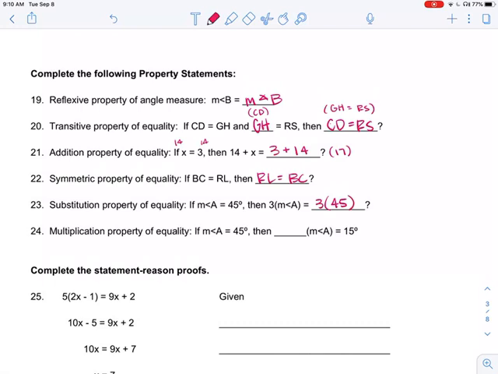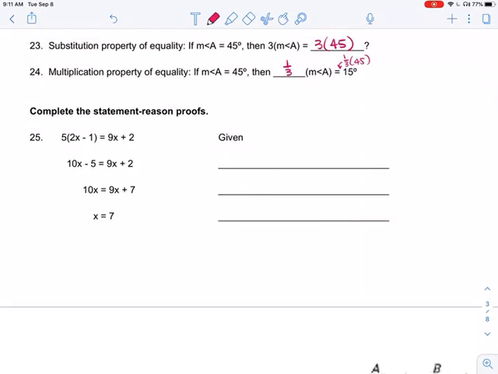One step. So multiplication property, if the measure of angle A is equal to 45, then 1/3 of the measure of angle A is equal to 15 degrees. You could also see this as 1/3 of 45 is where we're getting that from.